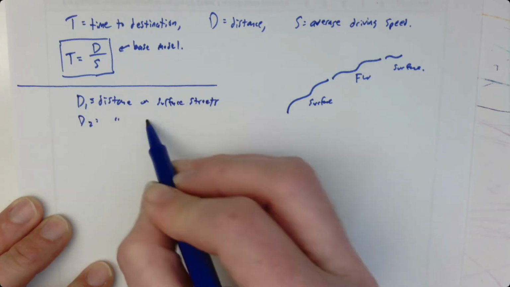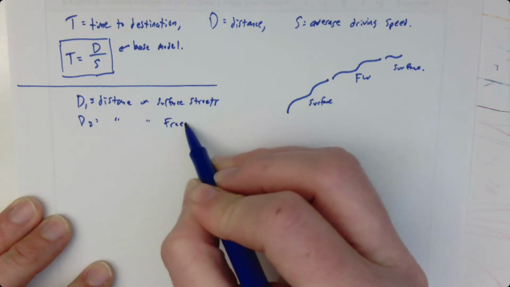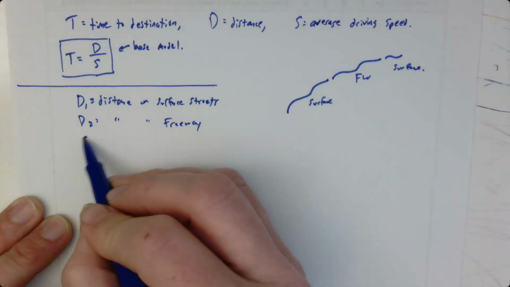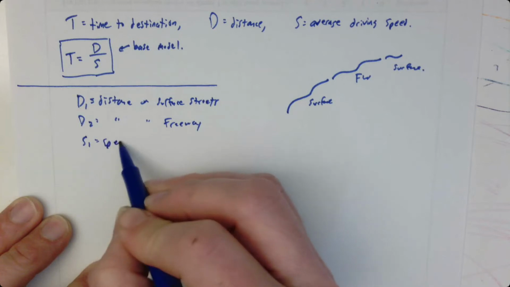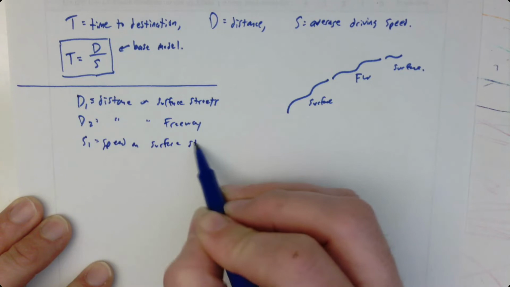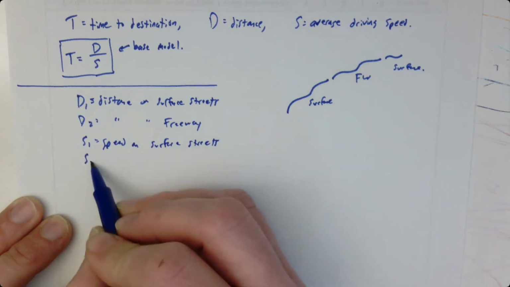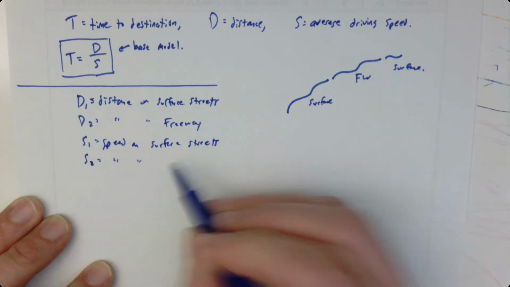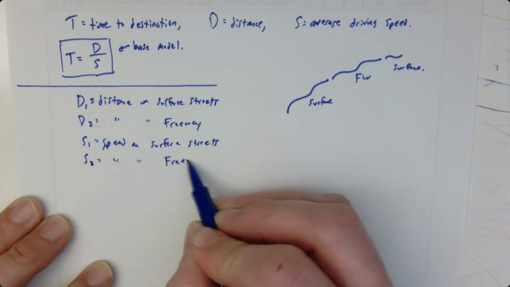D2 equals distance on freeway. S1 is our average speed on surface streets. And S2 would be our average speed on freeway.